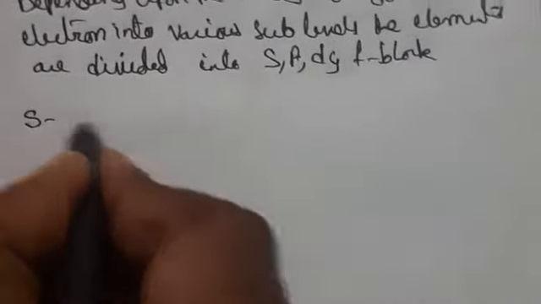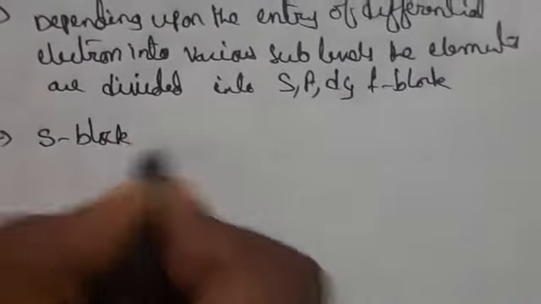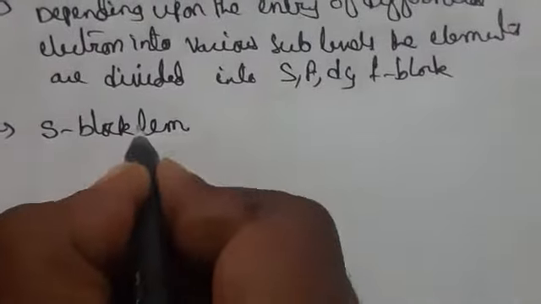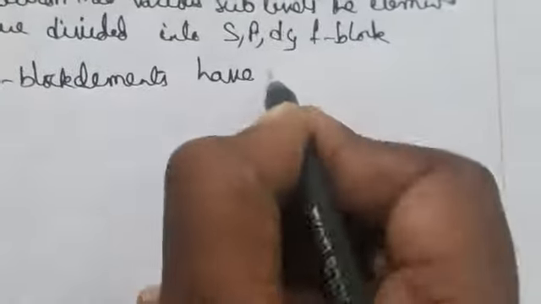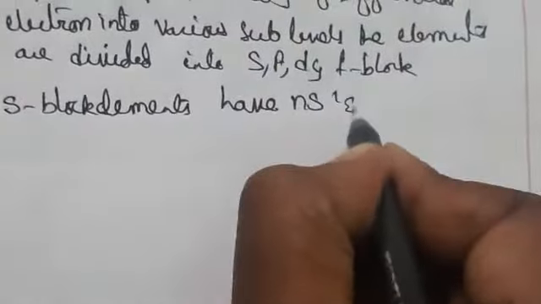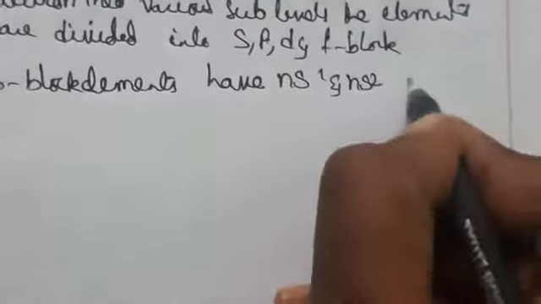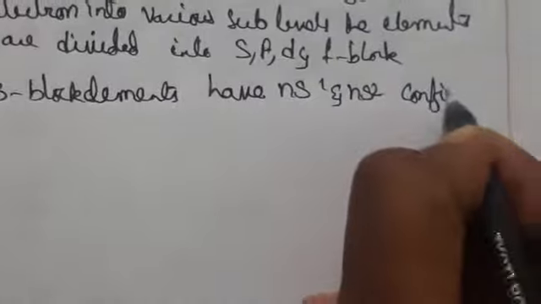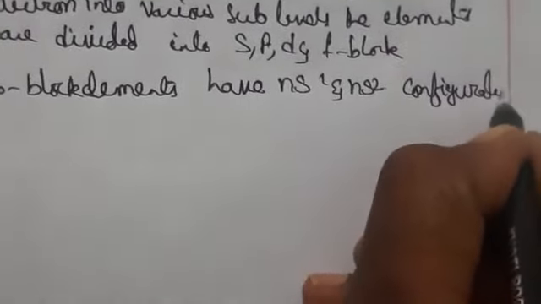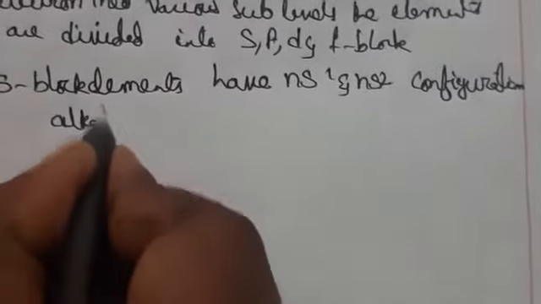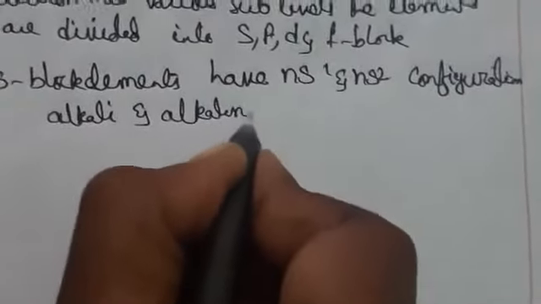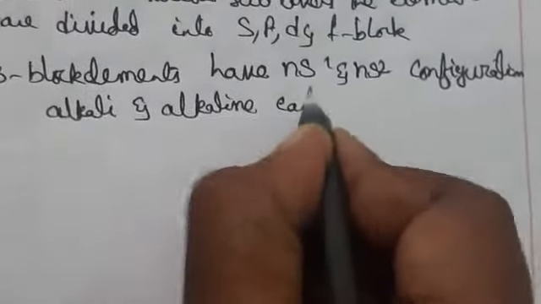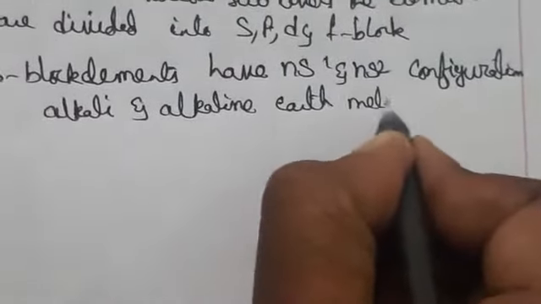So when you take S block elements here, S block elements have ns1 and ns2 configuration, which means they include the alkali and alkaline earth metals.